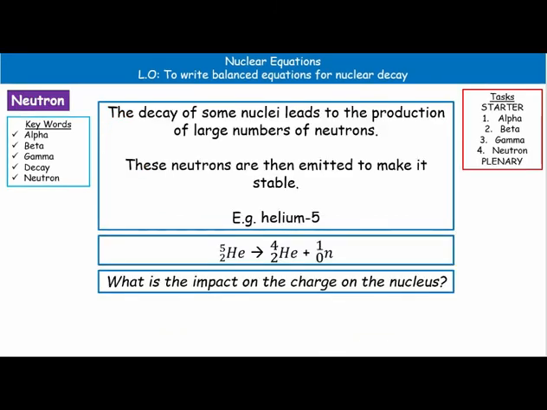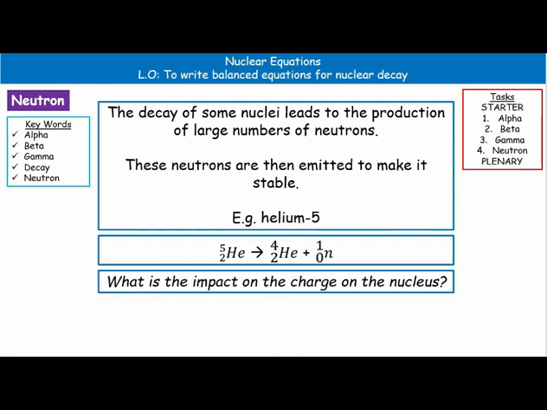The final type of decay we need to look at is neutron decay. So what we're actually seeing here is that when certain nuclei are decaying, we're going to produce large numbers of neutrons. And in order to make that stable, those neutrons need to be emitted. And a really good example of this is a substance called helium-5. So we can see we've got our equation there.